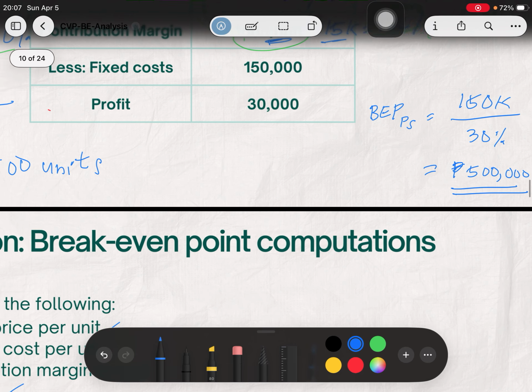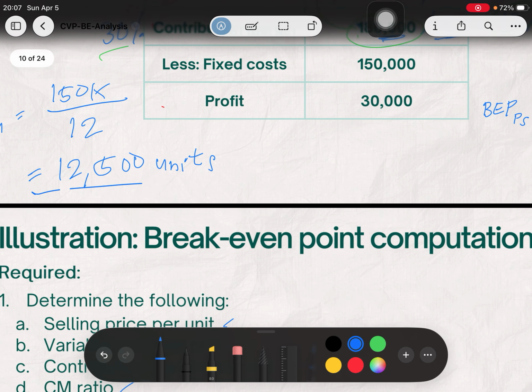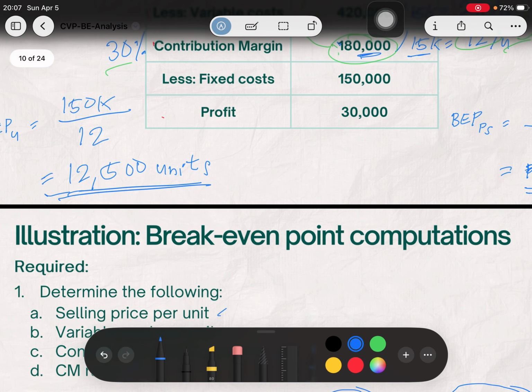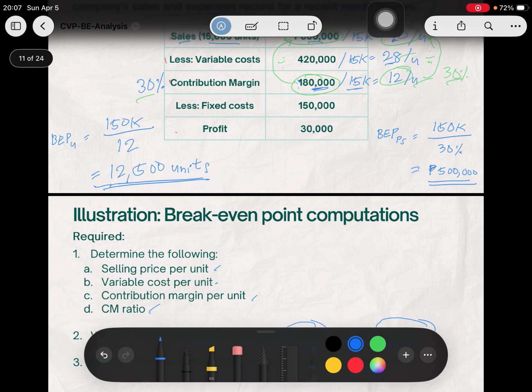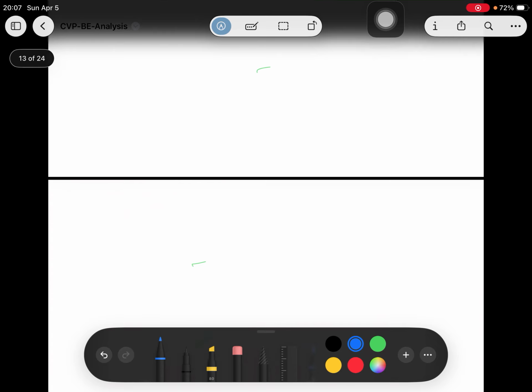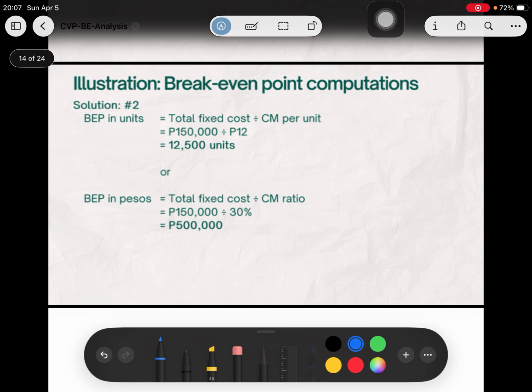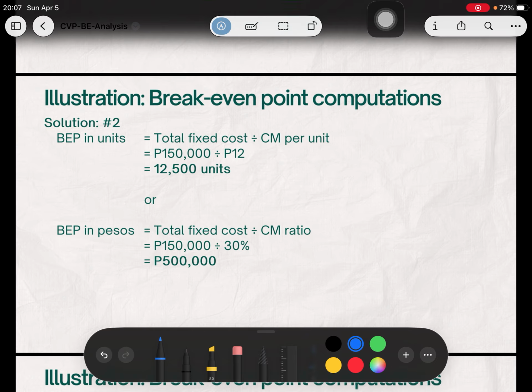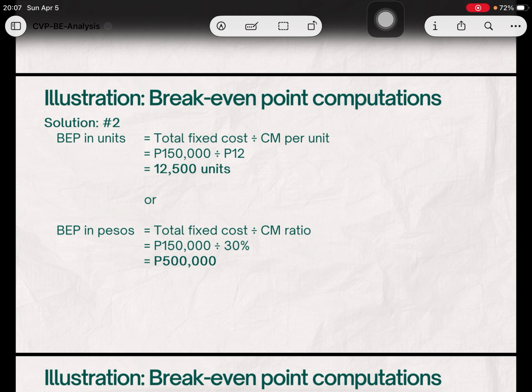So, yan na ang ating sagot sa ating number 2. 12,500 at saka 500,000. So, double check natin. Ayun. So, same lang siya nung solution sa libro.